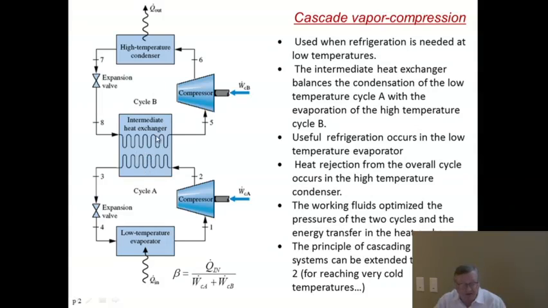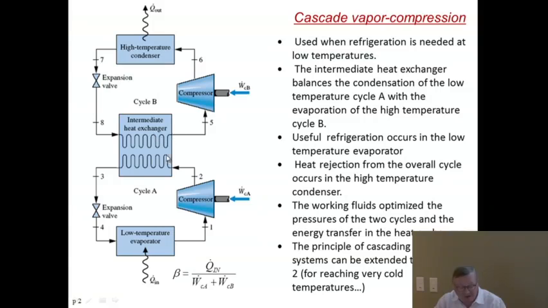So here we have an intermediate temperature, and cycle B is a high temperature cycle. So you have another fluid that goes from 5 to 6 in the compressor, rejects the heat at the higher temperature, for example, room temperature, goes to an expansion valve, and then pumps heat out during this evaporation step here.